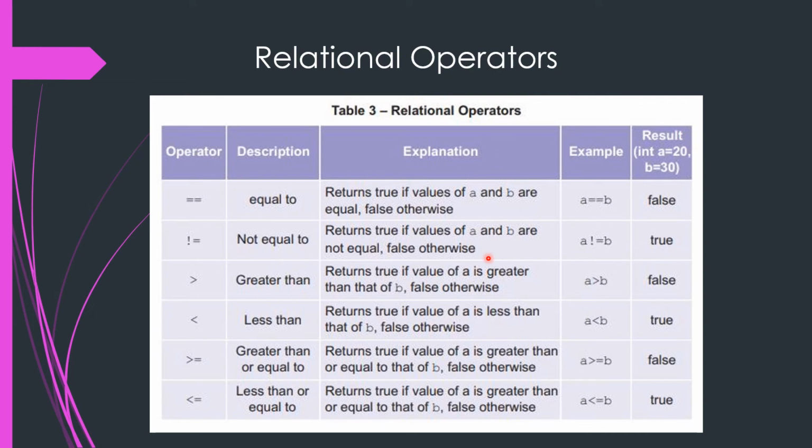Means if we put this operator with the operands, then a and b should not be equal. In that case it will return true, and if they are equal, it will return false. Here a is not equal to b because a is 20 and b is 30. So 20 is not equal to 30, that is why it will return true.